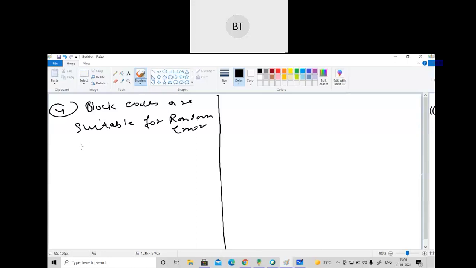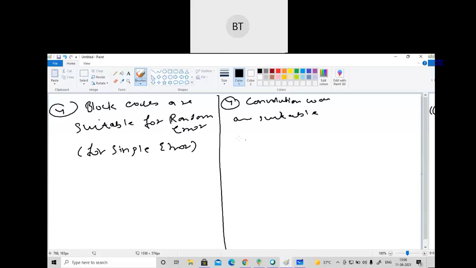So for single bit of error, that is random error, we prefer block codes. But in convolution code we can solve burst error, meaning multiple errors can be solved. So convolution codes are suitable for burst error, meaning multiple errors.